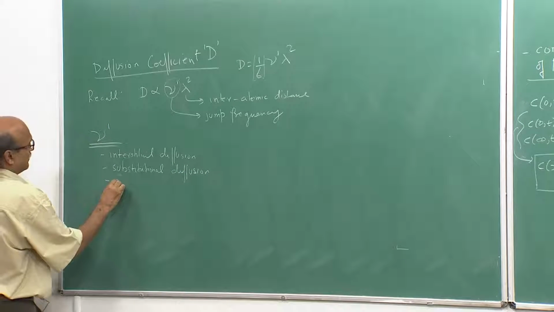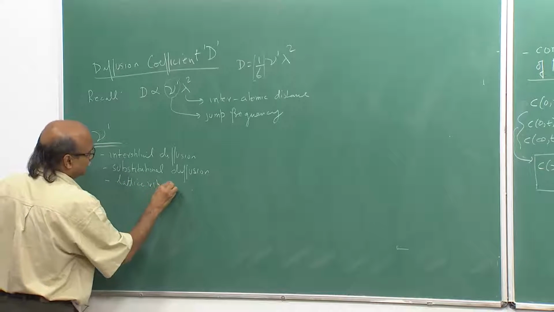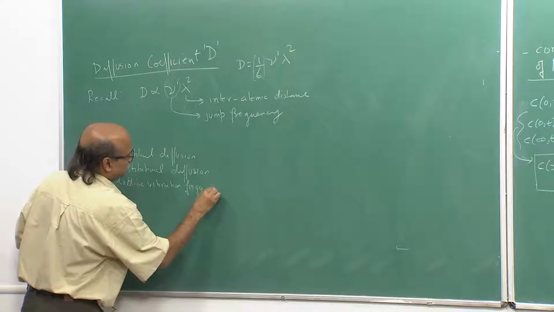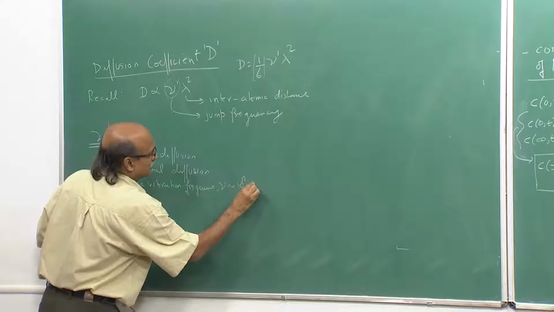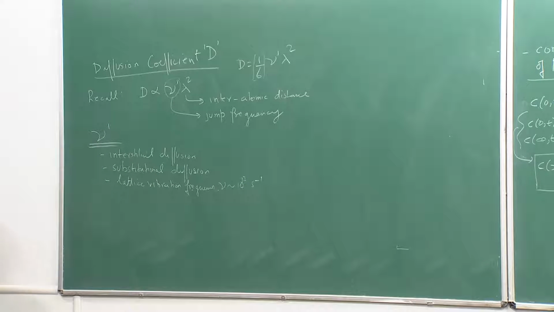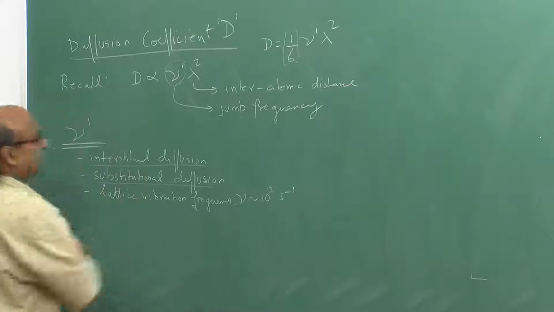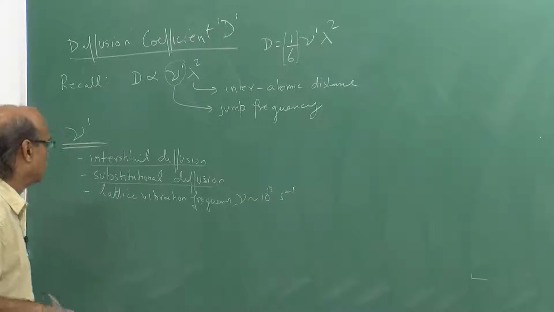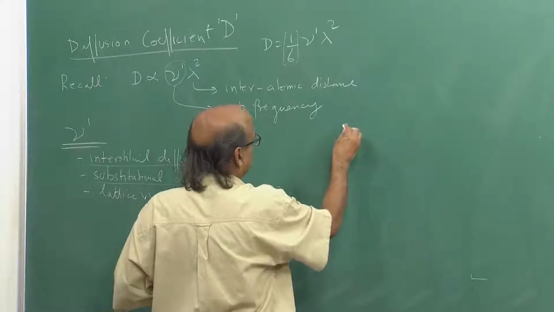And it would also be dependent on the lattice vibration frequency, nu, which can be generally taken as 10 to power 13 per second. So, let us examine the two cases of interstitial and substitutional diffusion and how the jump frequency is going to depend on these two mechanisms. So, let us consider interstitial diffusion.